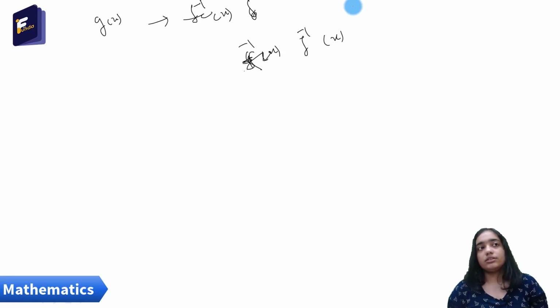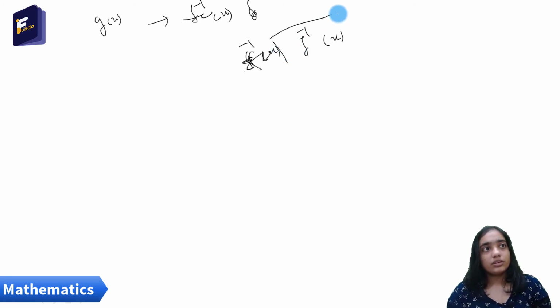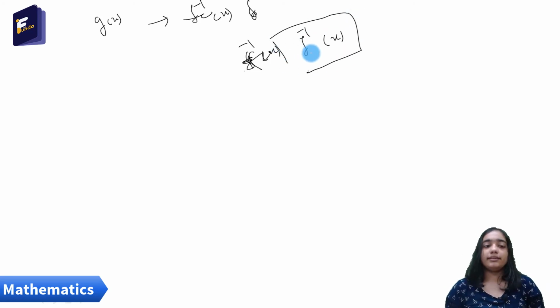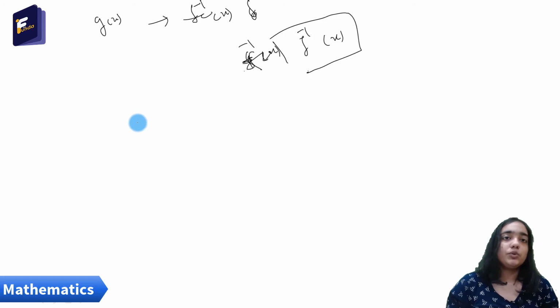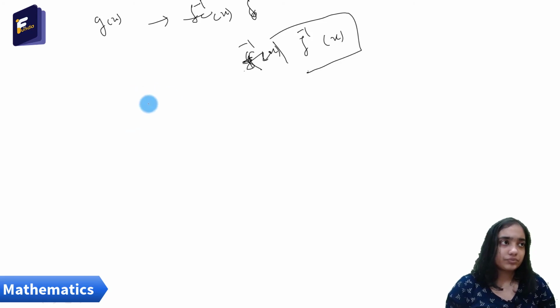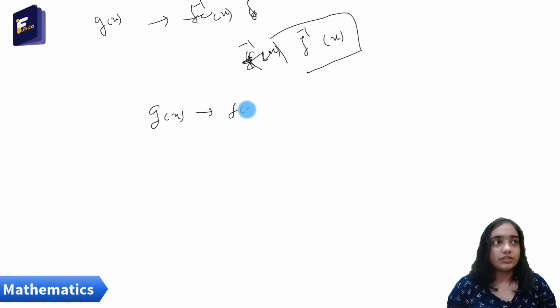This is the notation. Like this we write the inverse. One working rule that you can use is that if g of x is the inverse of f of x.